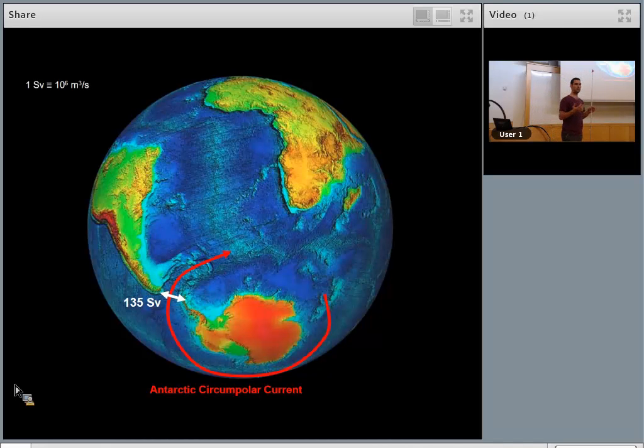The Gulf Stream is typically 30 sverdrups, so 30 times all the rivers taken together. And the Antarctic Circumpolar Current is actually way more, more than 100 sverdrups. It's a huge amount of water circulating continuously in the ocean.